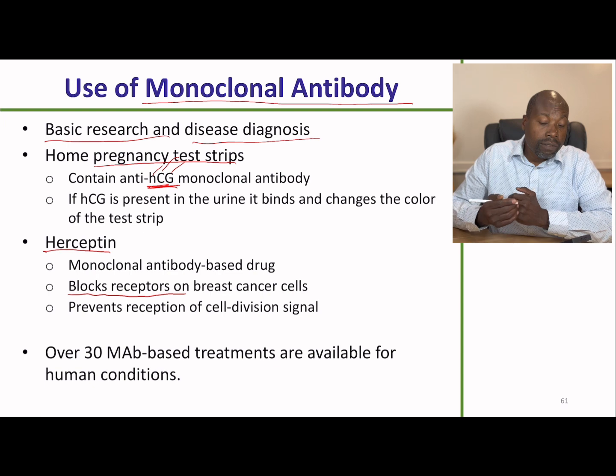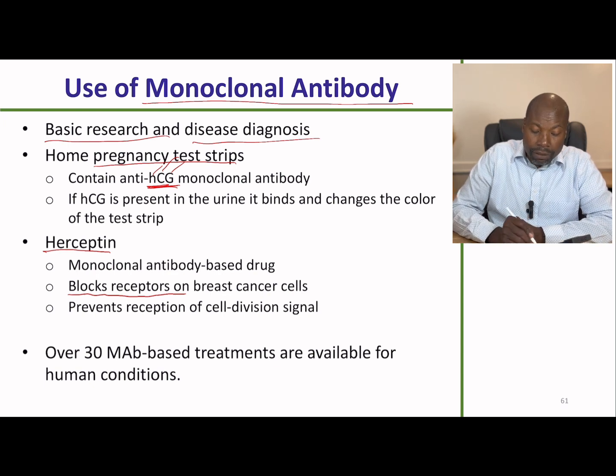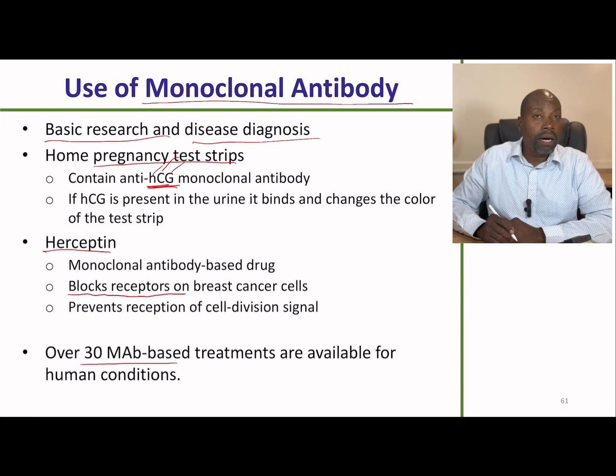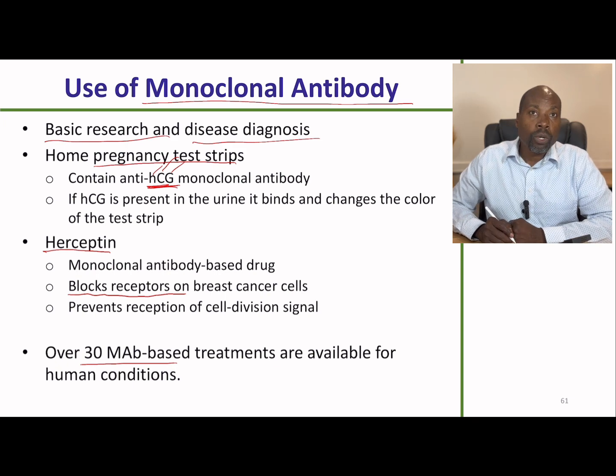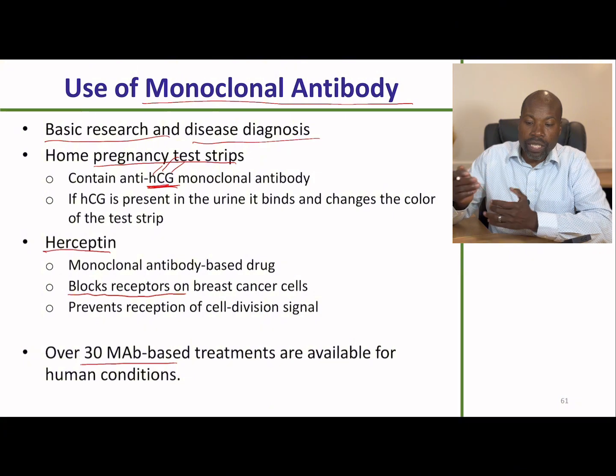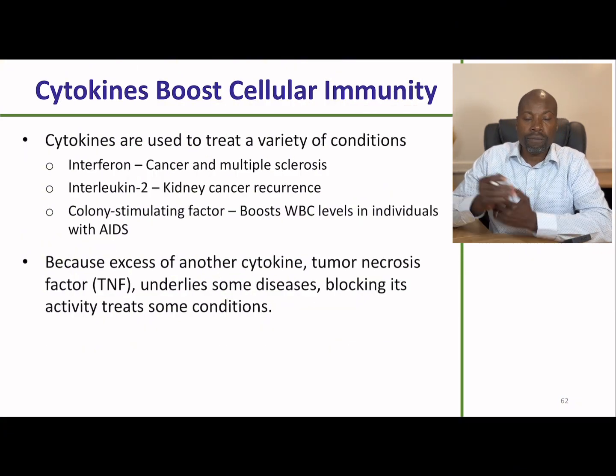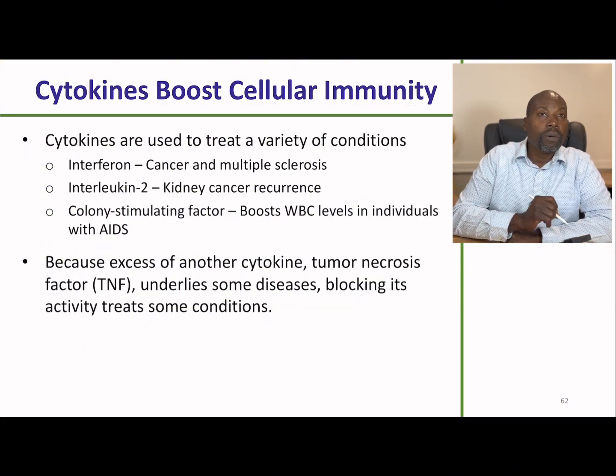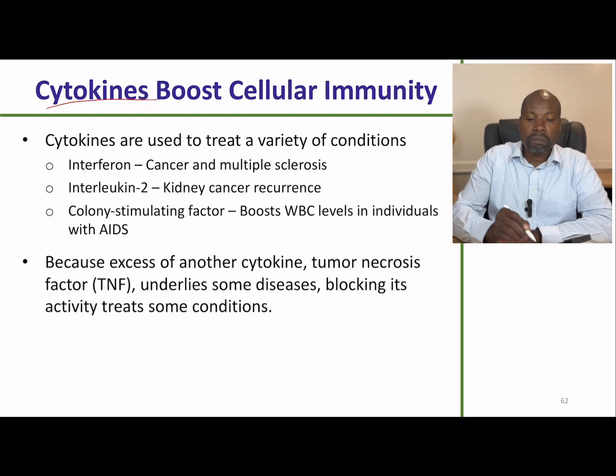So to these days, there are about 30 different monoclonal antibodies that are used to treat human conditions of all kind, right? We have the cytokine boost and cellular immunity.